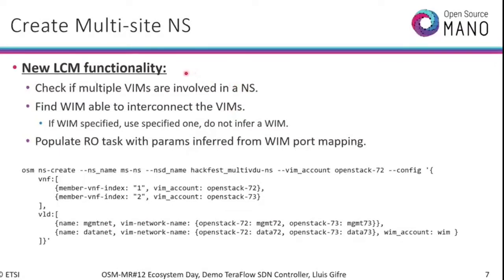So we had to extend the functionality mainly of the LCM component for identifying when multiple virtual infrastructure managers are involved in a network service, then finding which one infrastructure manager is able to interconnect these VIMs, and finally, if one infrastructure manager is specified, for sure we will use it, and finally to populate the appropriate RO tasks with the parameters inferred from the infrastructure manager port mapping.